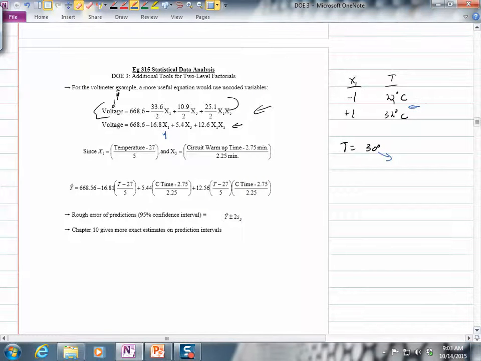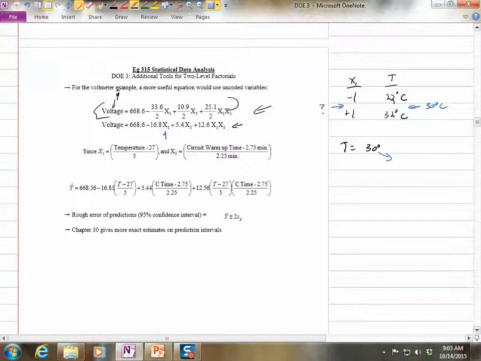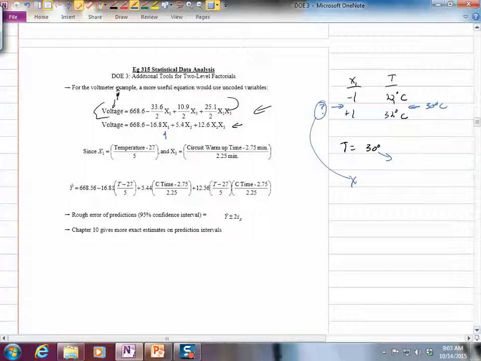And if this is 30 degrees, then what is the coded value? Those of you who have had other classes with me recognize this as how we go through linear interpolation, right? So you could linearly interpolate to get the coded value for x1 at 30 degrees.